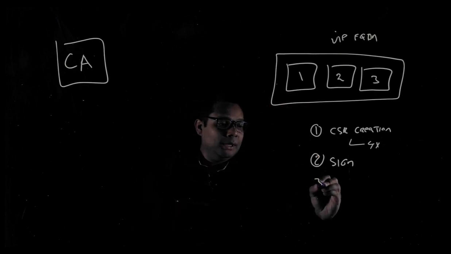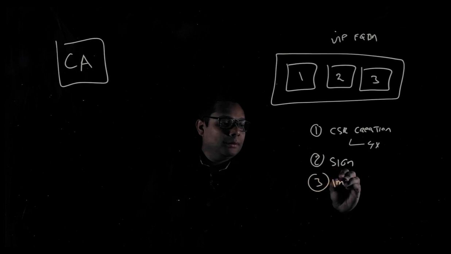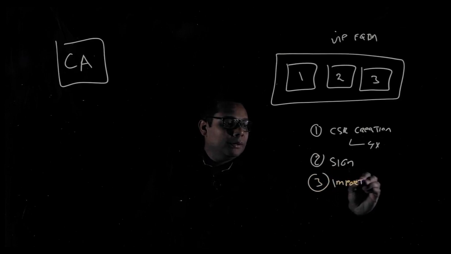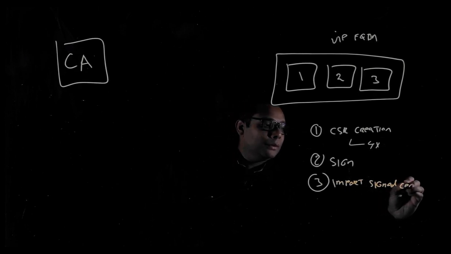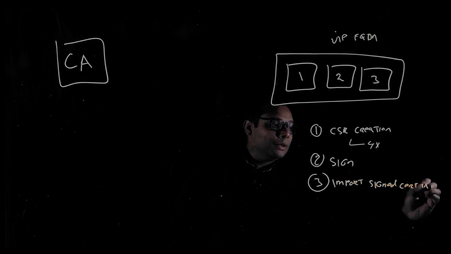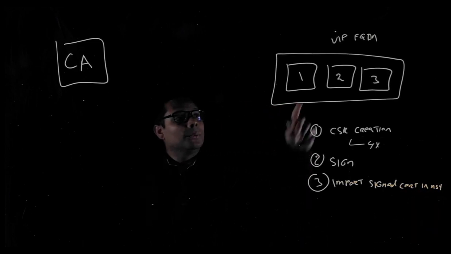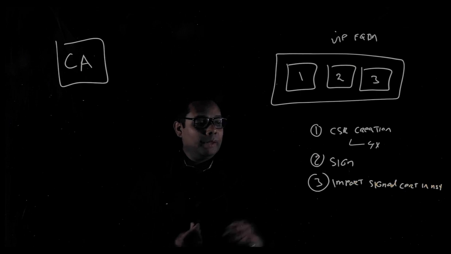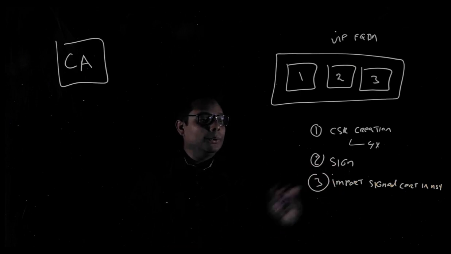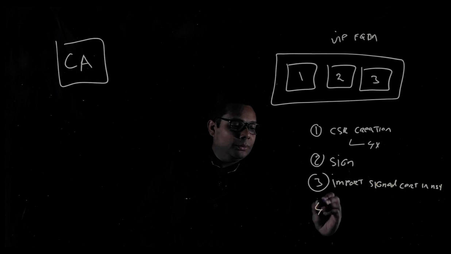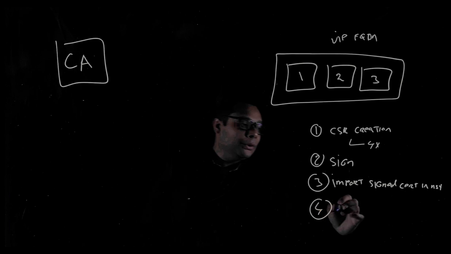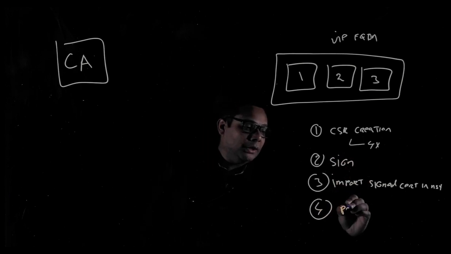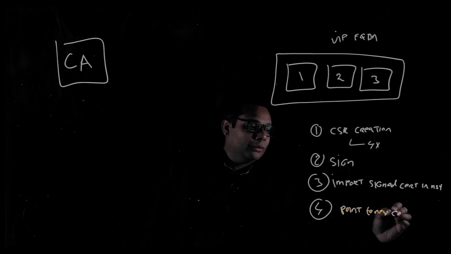So the next step would be import signed certs in NSX. When we have done that, I think it's important to mention that we need to point to the new certs.